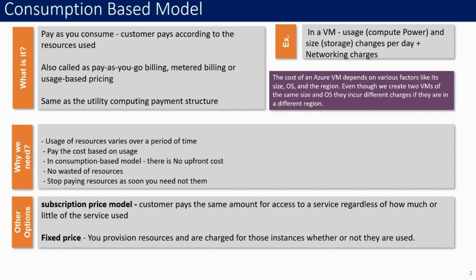The second one is the subscription price model, where the customer pays the same amount for access to a service regardless of how much or little the service is used. For example, a subscription service is cable television, where customers pay the same amount per month regardless of how much television they watch.